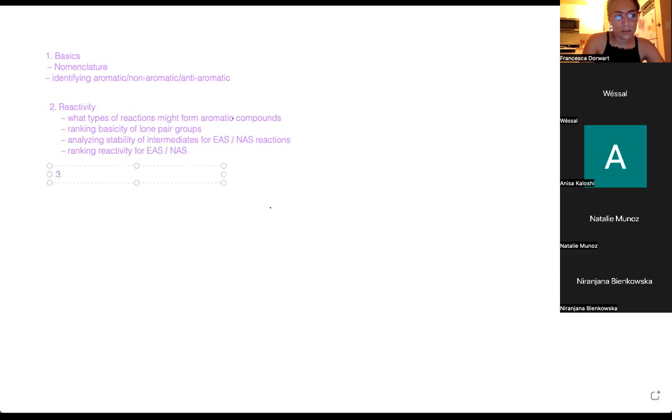And then section 3 is going to be about drawing the product. I think there's going to be 6 questions here. And this one's just as simple as you are given the starting material, the reagent, draw the product. Or draw the major product. Let's just say that. Major product.